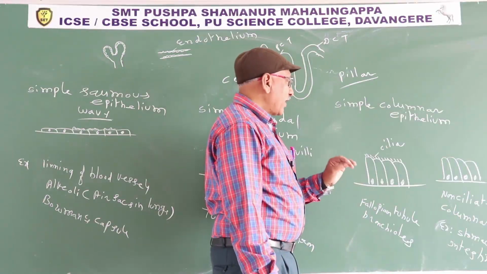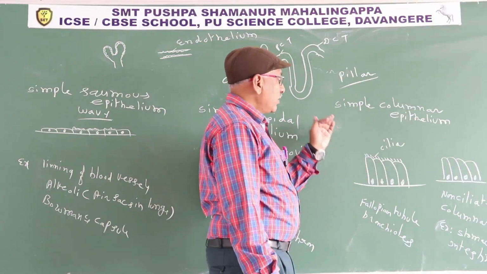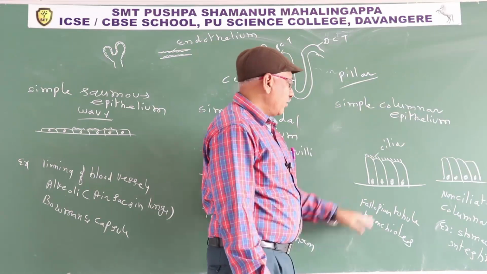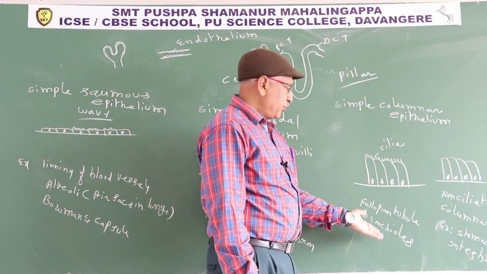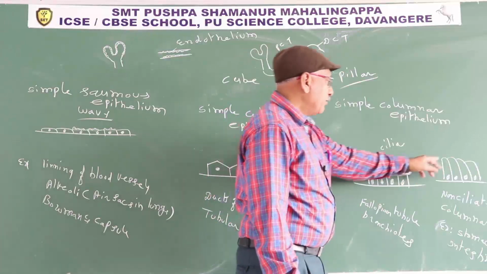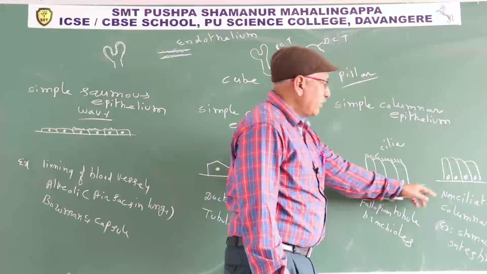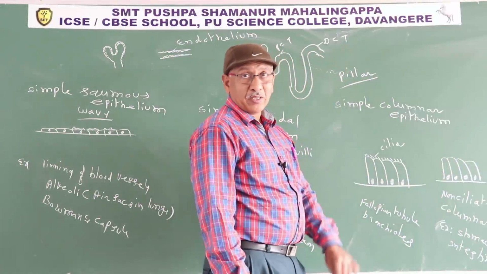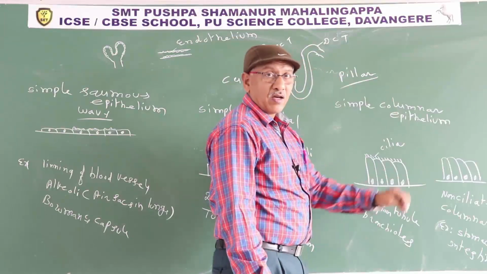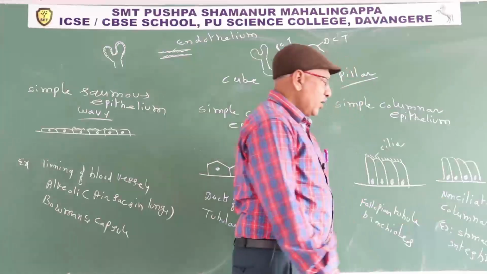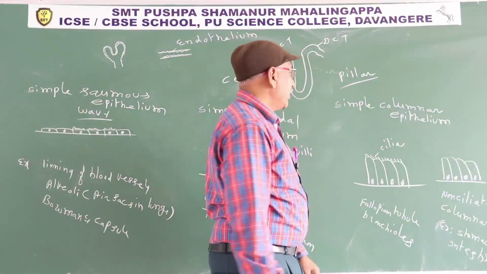If free surface contains cilia, it is known as simple ciliated columnar epithelium. Example, fallopian tubule, bronchiole. If the free surface of columnar cells is without cilia, known as non-ciliated columnar epithelium. Example, stomach and intestine.